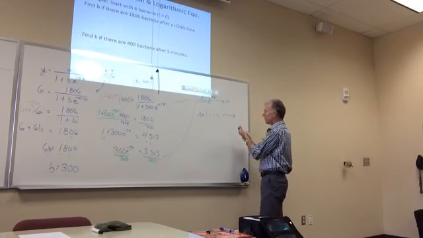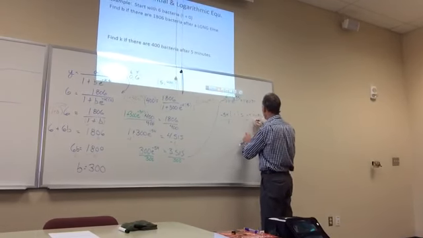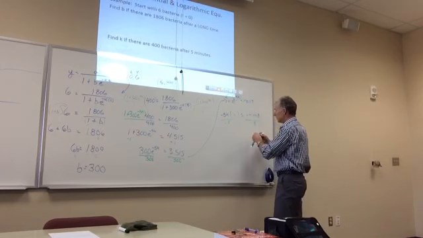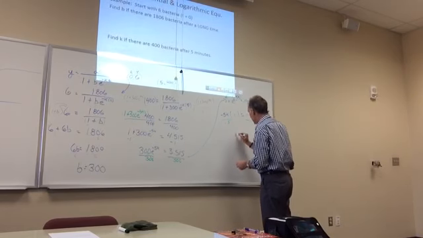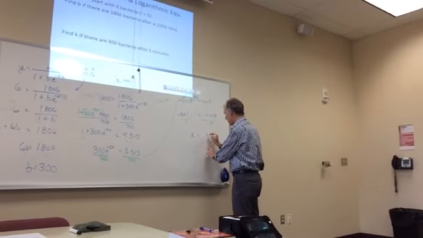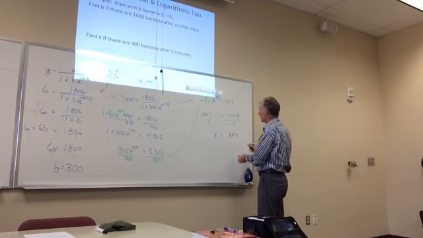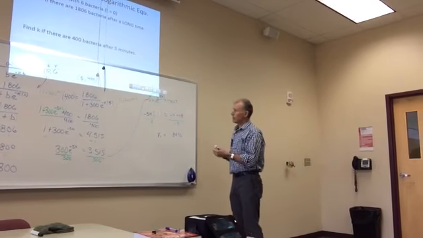Okay, thank you. And then we're almost here. Divide by our negative 5. And k equals 0.8896.